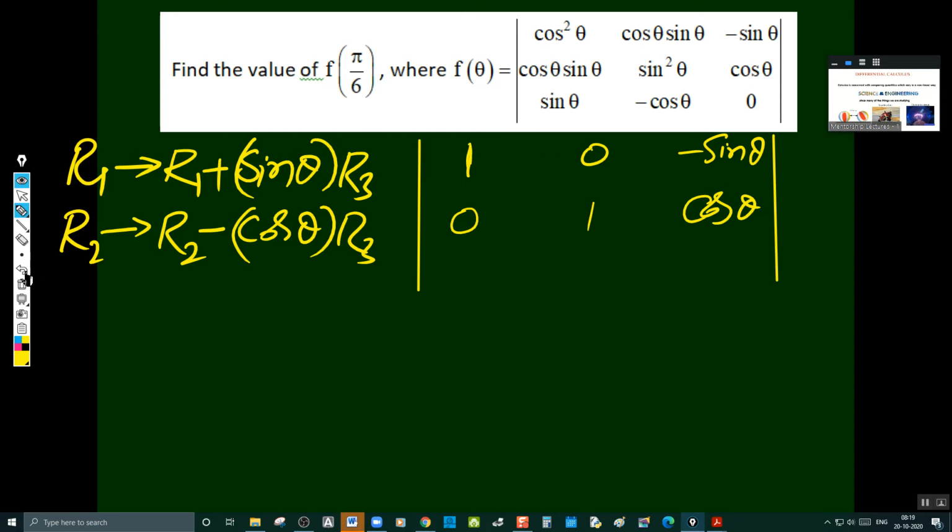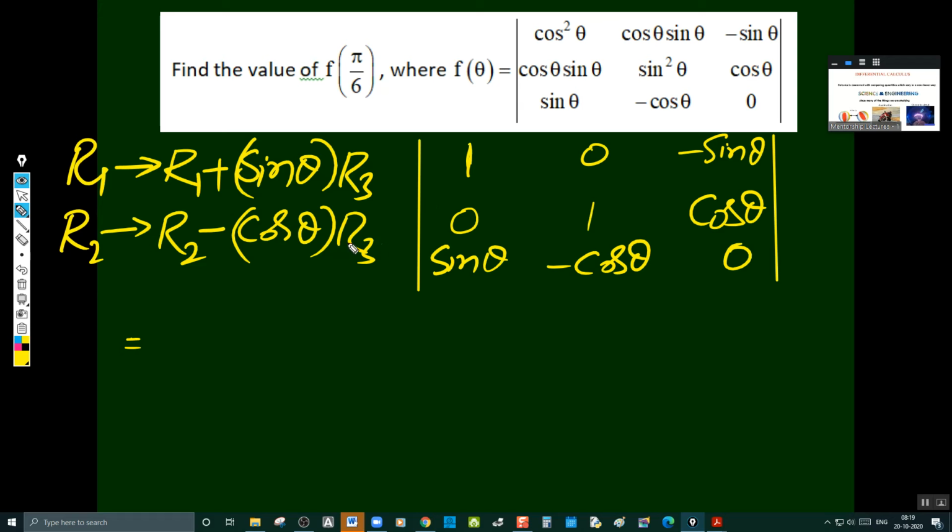And coming to the third row, we are not changing the third row. So the third row remains as it is: sine theta, minus cos theta, 0. We'll find out the determinant directly because 1, 0 is already there.